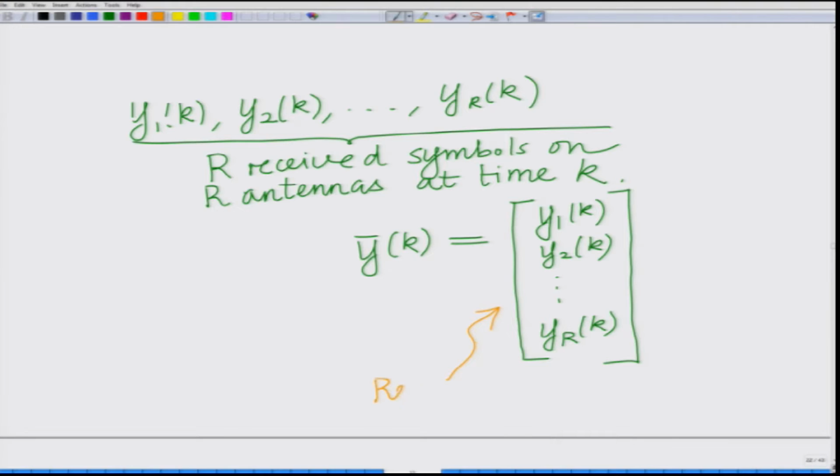This is the received vector, and this is r cross 1 dimensional. So, we have x bar k, which is the transmit vector, which is m dimensional, and we have an r cross 1 vector y bar k, which is r dimensional, which is the received vector.